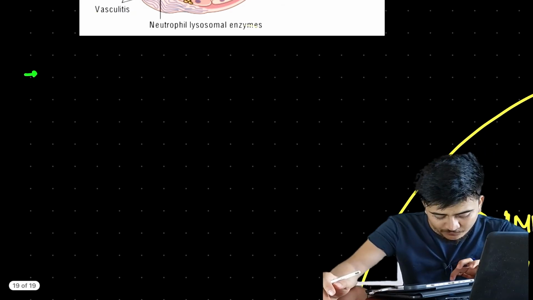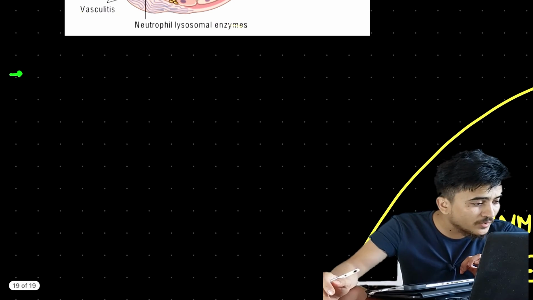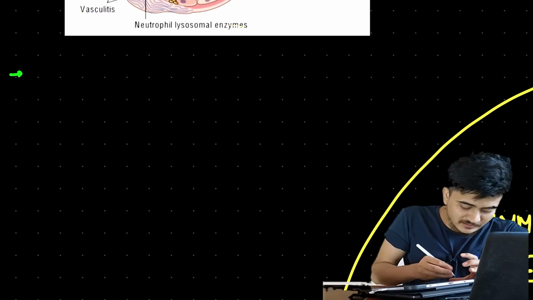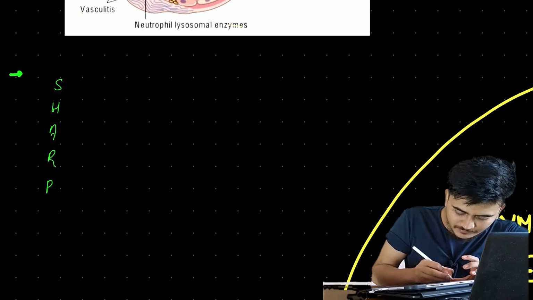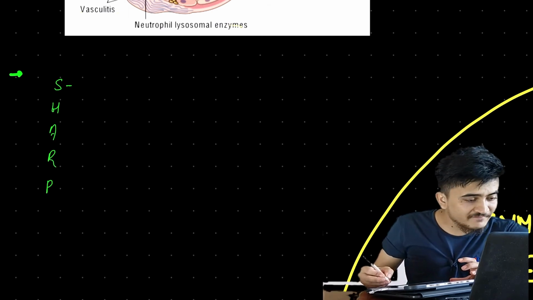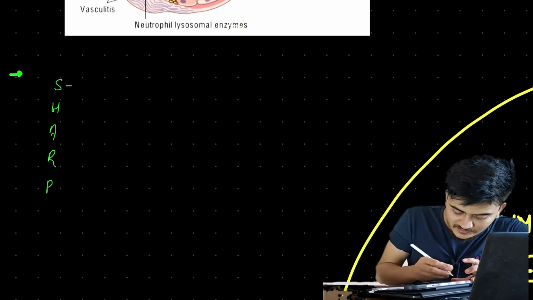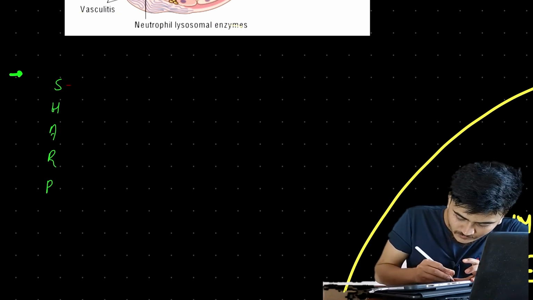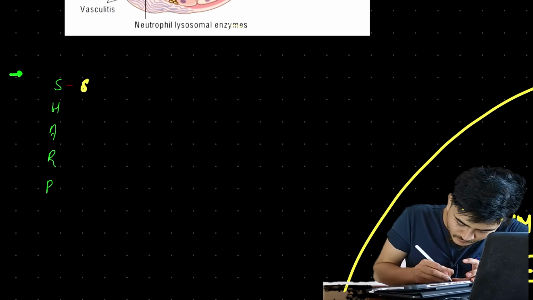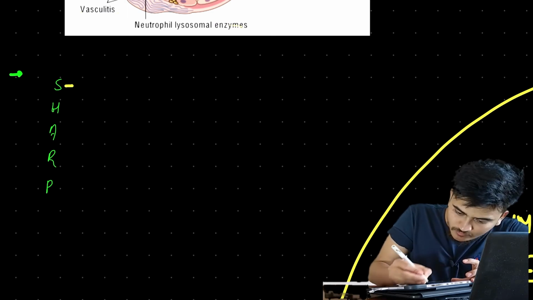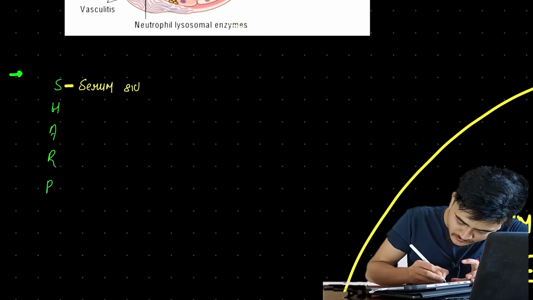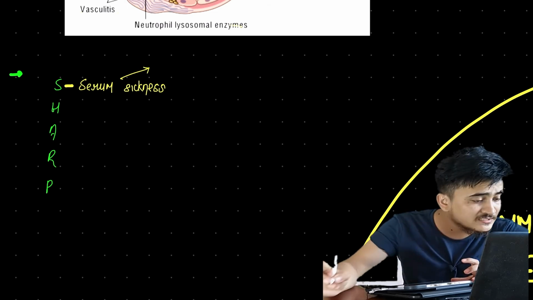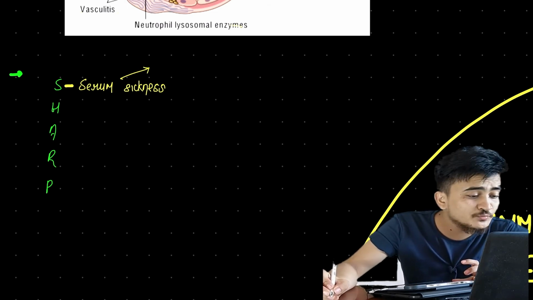Talking about examples, we will memorize them with one simple acronym. The acronym is SHARP. From S we have serum sickness. Serum sickness is associated with passive immunization.